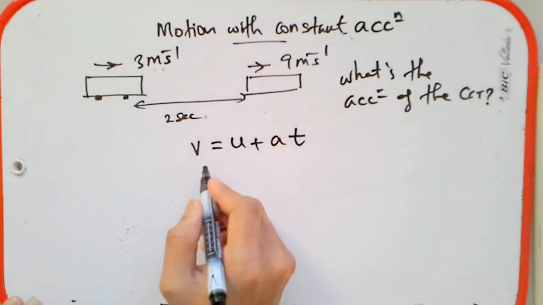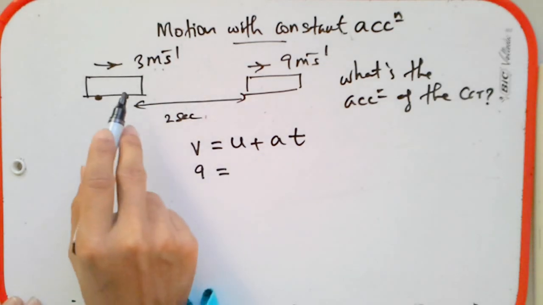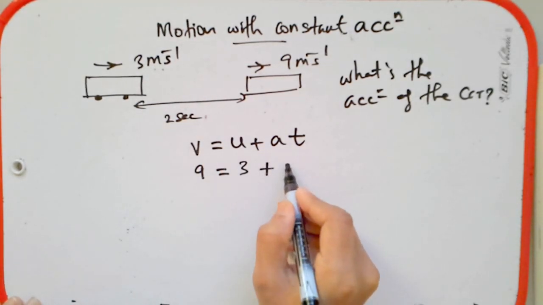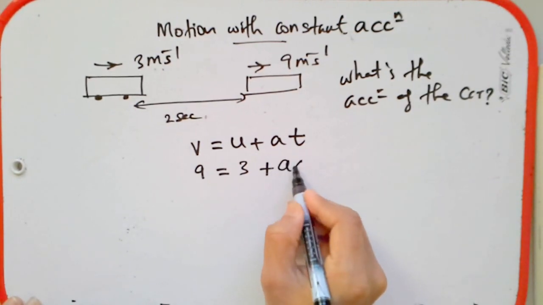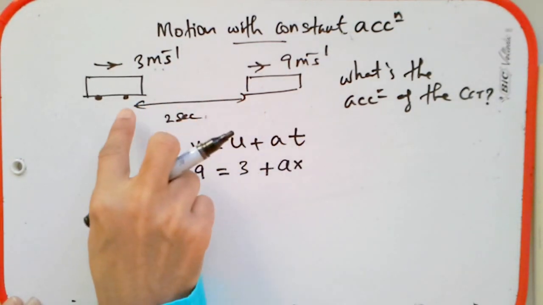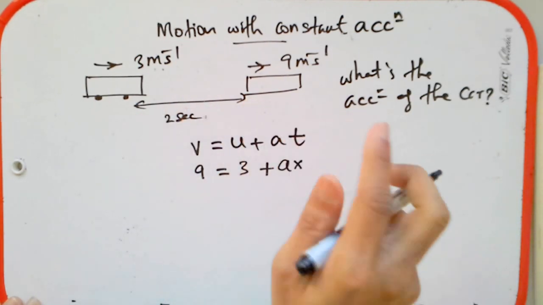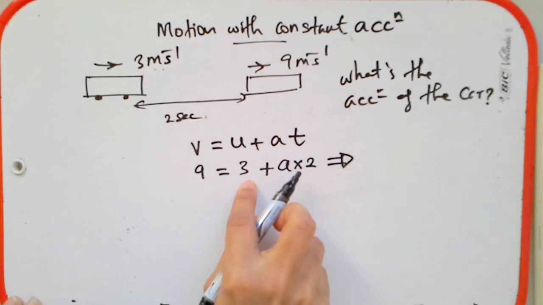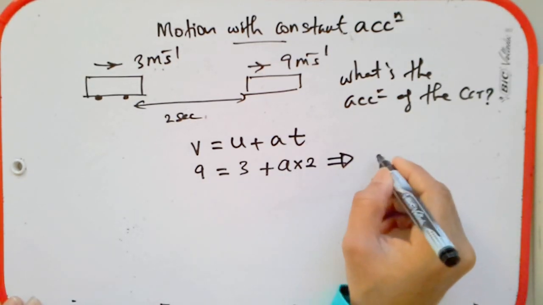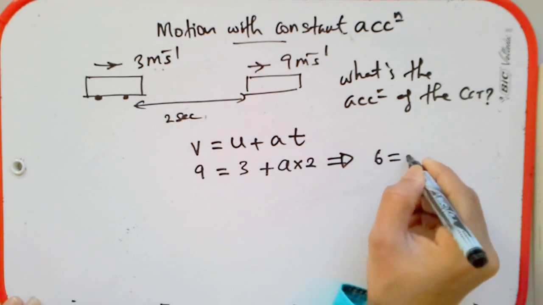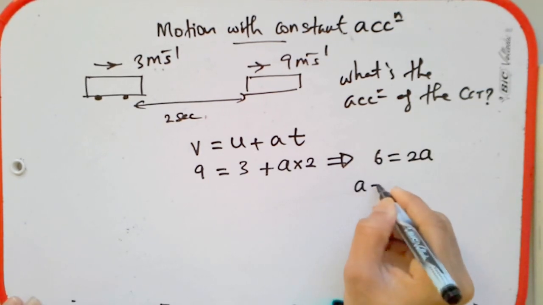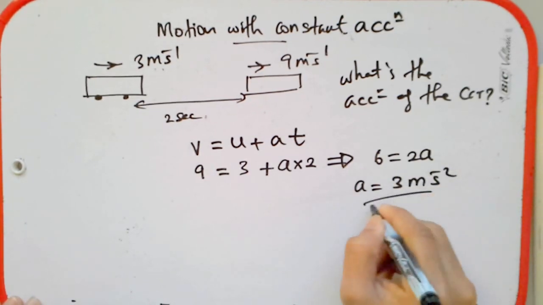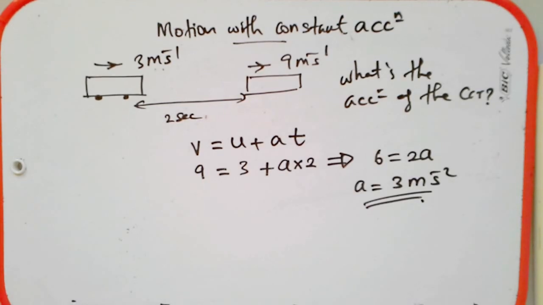The final speed of the car is 9 meters per second, the initial is 3, plus we need to find the acceleration, that is our question, and the time taken from 3 to 9 meters per second is 2. So from here 9 minus 3 is 6 equal to 2a. Therefore a equal to 3 m/s². Okay, so this question is simple.